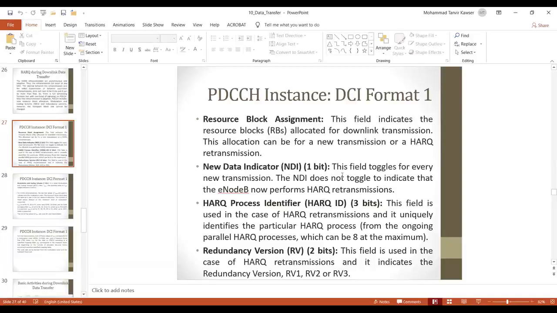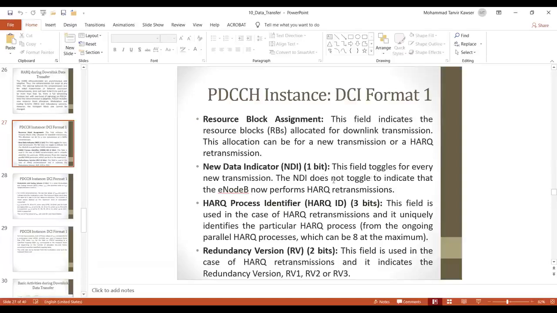A particular transmission can be either an original transmission or a retransmission, and both types can occur. So this field indicates whether it is a new transmission or a retransmission.